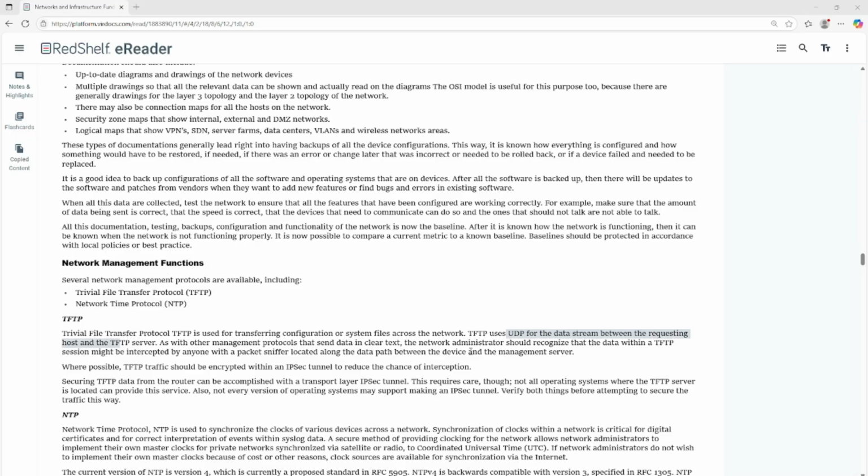Technically, it's not secure, but it can be made secure. All you need to do is encrypt that data while in transit by using IPsec.